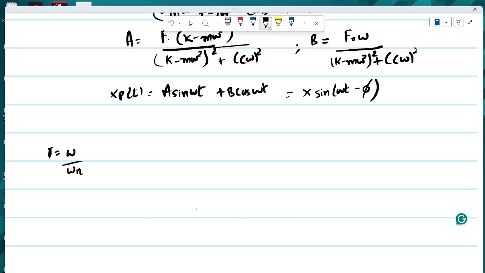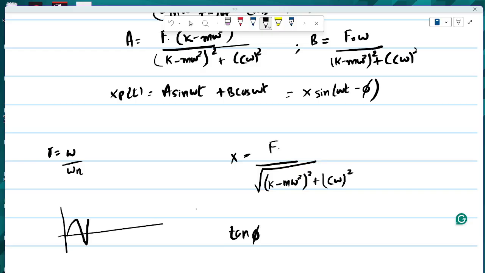And we have the steady state amplitude. We can write it as F naught over the square root of (k minus m omega squared) squared plus (c omega) squared. And you can find the phase angle.